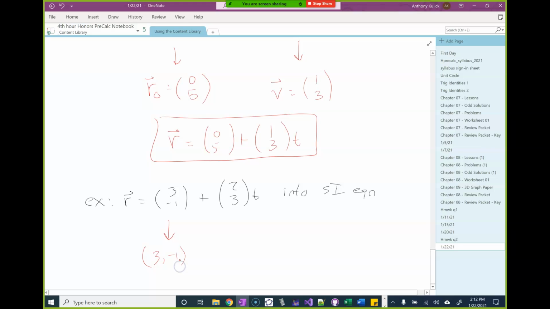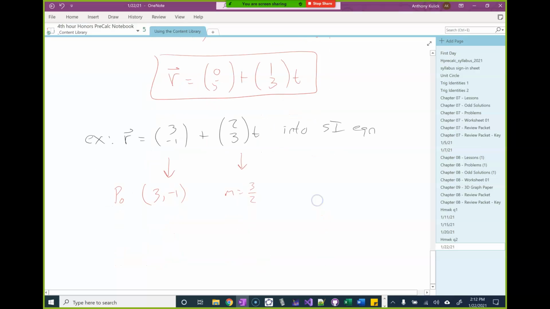This is the slope, 3 over 2. So we can do negative 1 equals 3 over 2 times 3 plus b. And that gives me negative 11 over 2 is b.